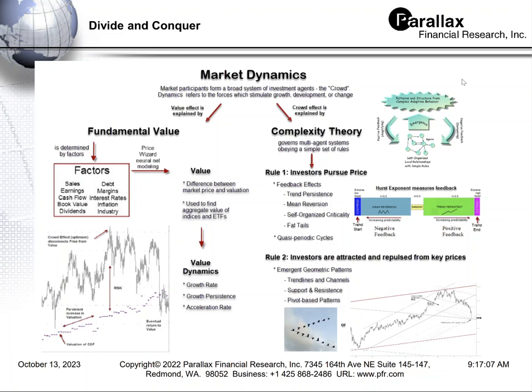But complexity theory predicts that. This little diagram up here shows that through positive and negative feedback, positive feedback in our case would be buying because it's going up or selling because it's going down, attracting more. If an investor buys because the stock's going up, and a number of investors do this, then the price goes up more, and that attracts attention, which brings in more investors that buy, and then the price goes up more.